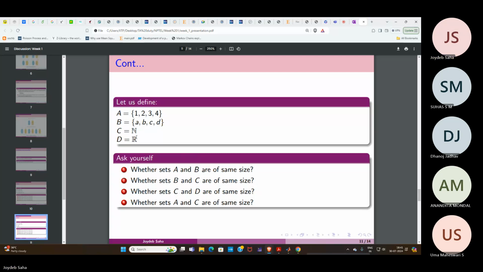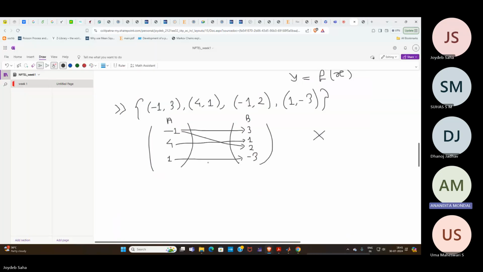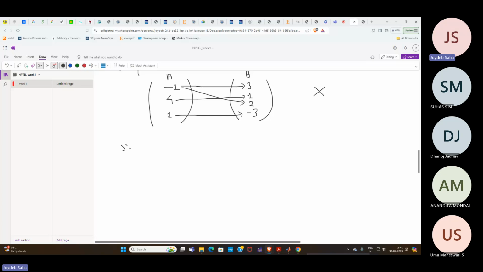Now, whether natural numbers are a subset of real numbers. Yes, sir. Let us ask this question: if n is a natural number, is it a subset of real numbers?